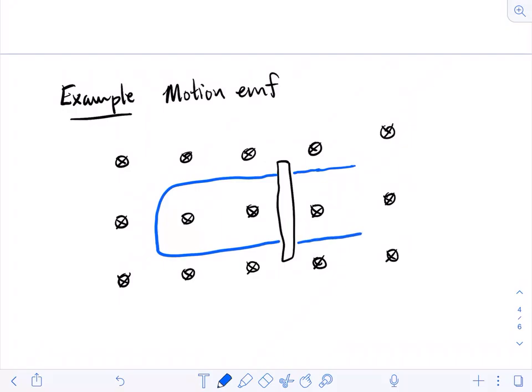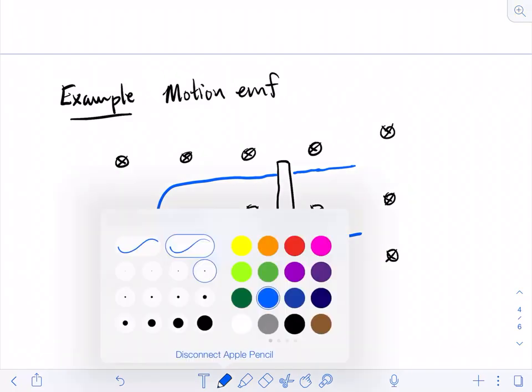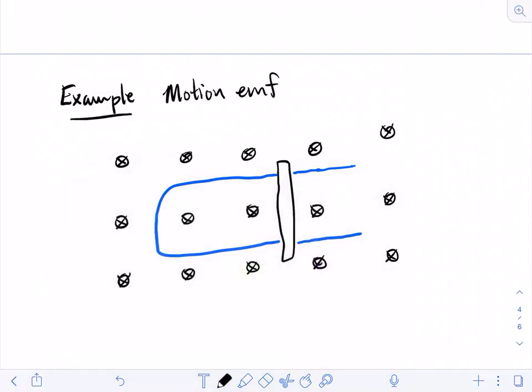And so we have these blue rails, and we're going to say that what we have is some length L here. And we're going to take this bar and move it in this direction. So we're going to increase the area of the loop.